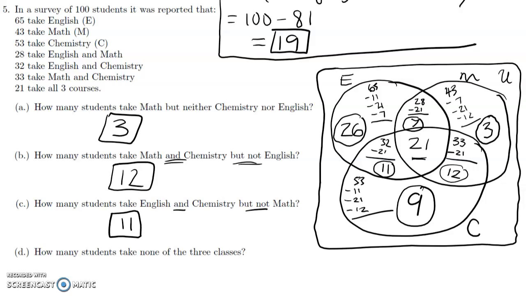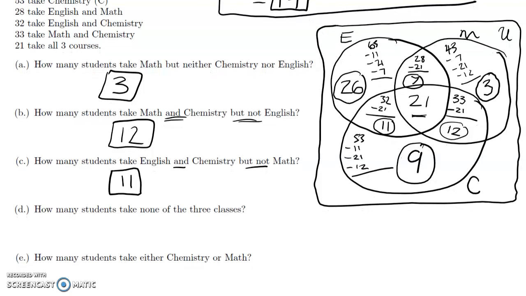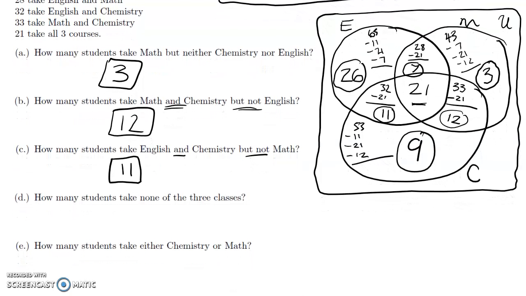All right, question part D. It says, how many students take none of these 3 classes? Now, if we remember back to our question that we did before, that would be the people outside of all 3 circles. So it would be the people out here. So we would need to be looking for the total number of people minus all of those numbers.